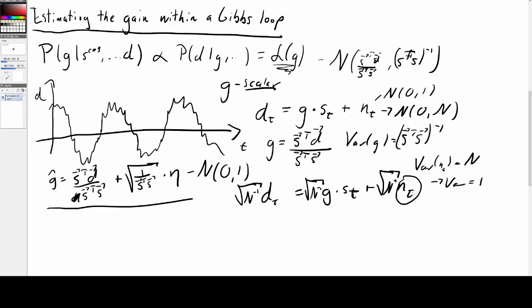That's exactly the situation we had in our simpler example, which means that the mode must just be given by S and D multiplied by these factors.